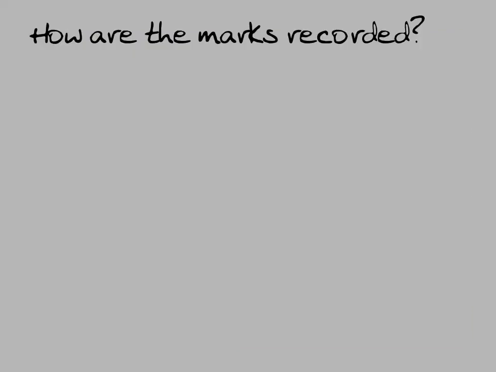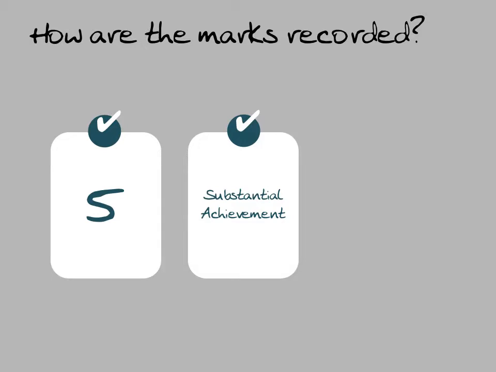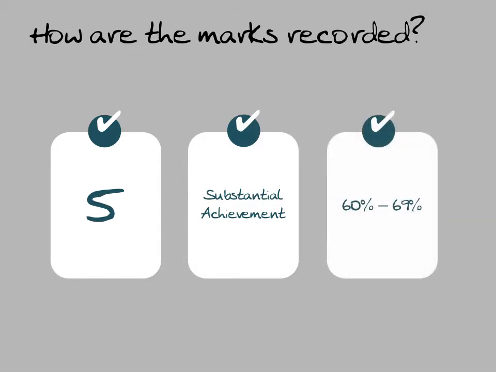In senior phase, marks are recorded and reported in national codes with their descriptions and their percentages, which means that on the learner's report, the learner should get a code per subject with a description. So in the case of a code being a 5, then you'd have substantial achievement, and then the mark range or the percentage range of what the learner achieved. So in other words, a code 5 is between 60 and 69%.